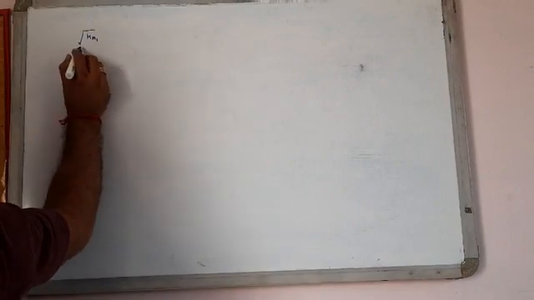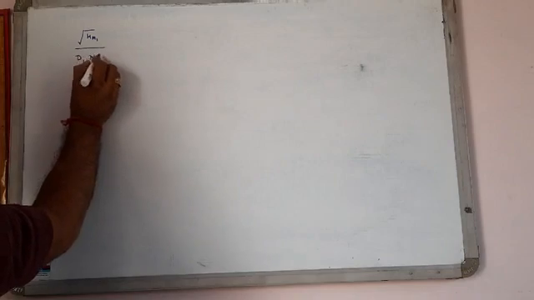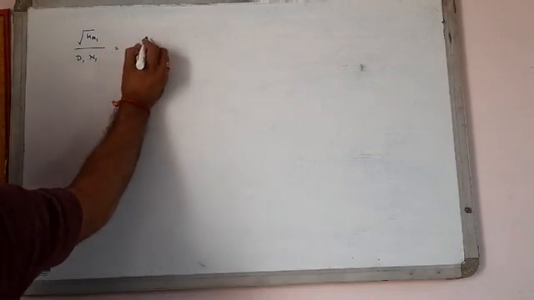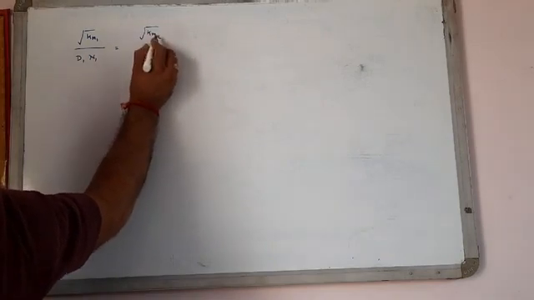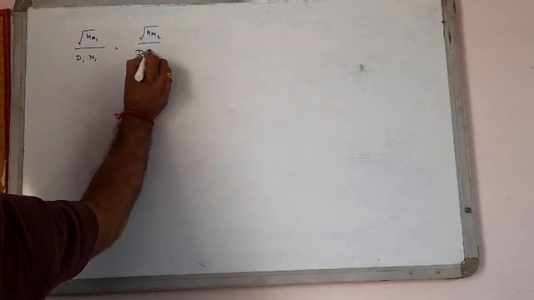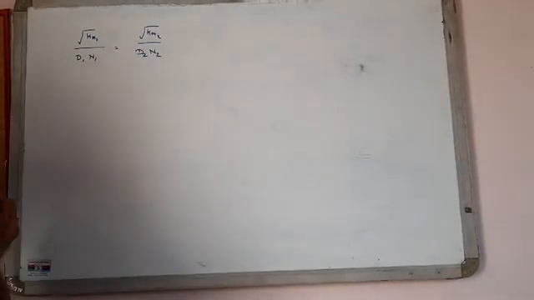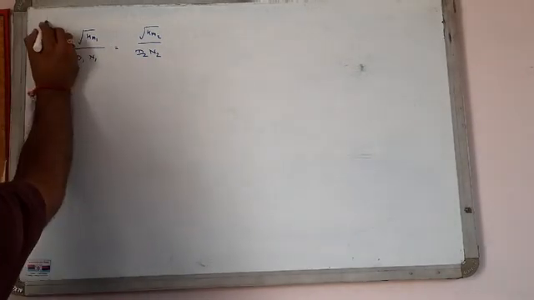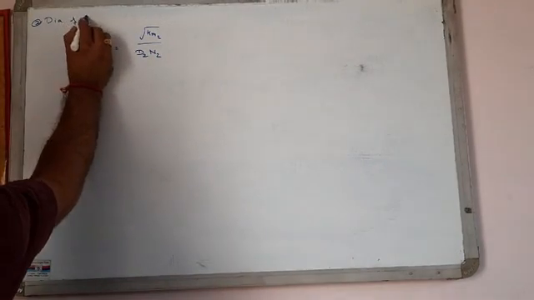And now next, root HM1 by D1 N1 equal to root HM2 by D2 N2, for finding out the diameter of impeller.